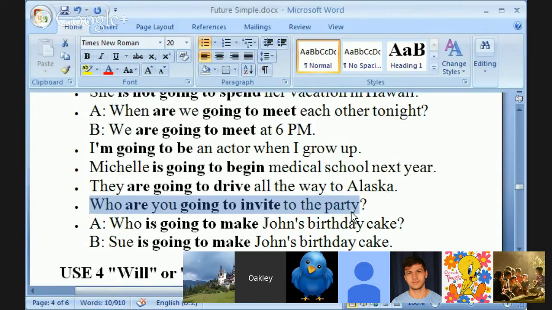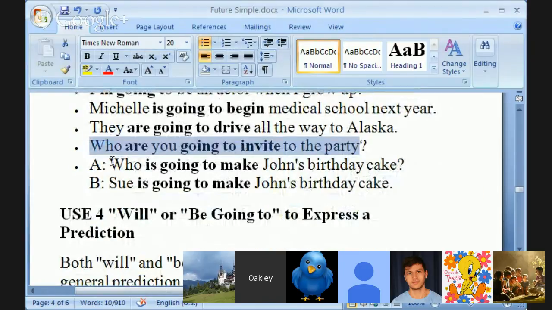You could say either one and a native speaker will never notice the difference. But then there's that 2 to 5% of the time where it makes a big difference and it totally changes the meaning of the sentence. Who's going to make John's birthday cake?